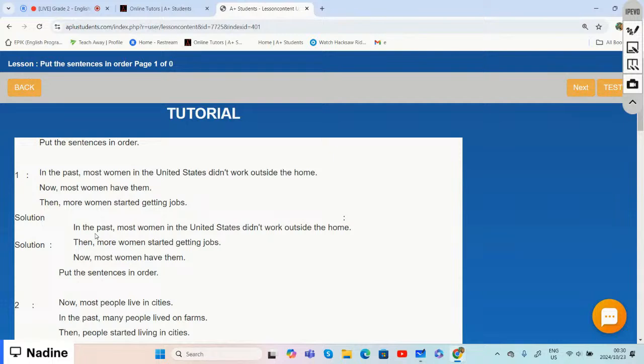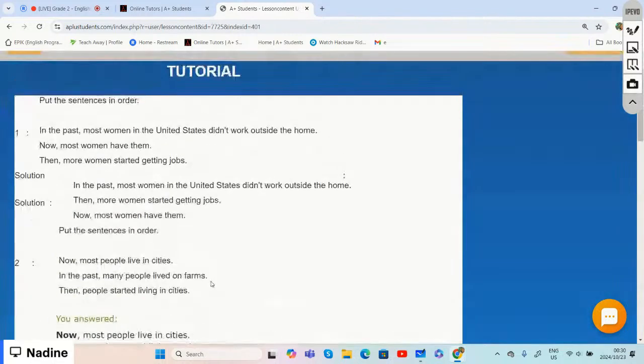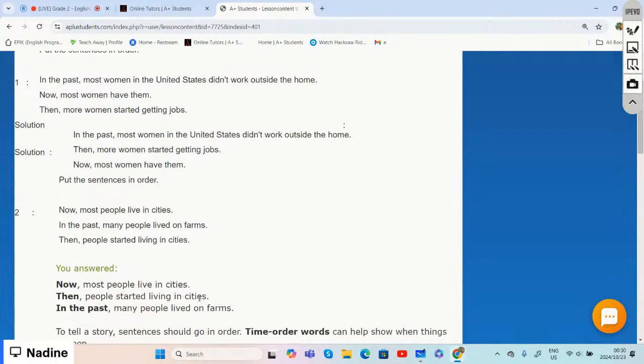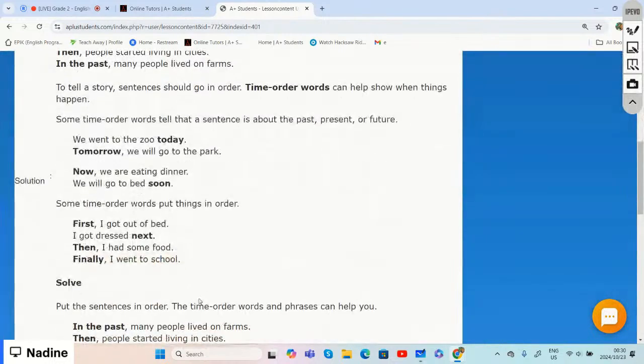All right. And once again, before we go to our test, remember we said time order words, right? It tells us in which order something must be done. Like I made an example earlier, if you do a get ready with me, you need to tell people what you're going to be doing from the time to later when you come back.